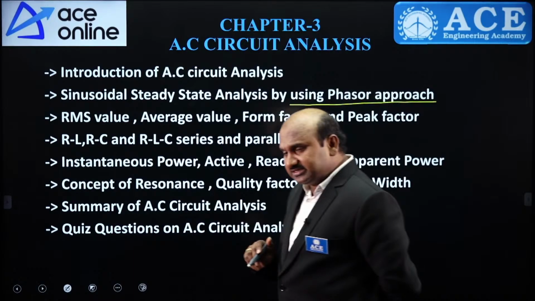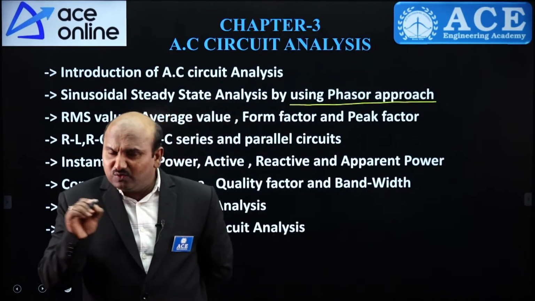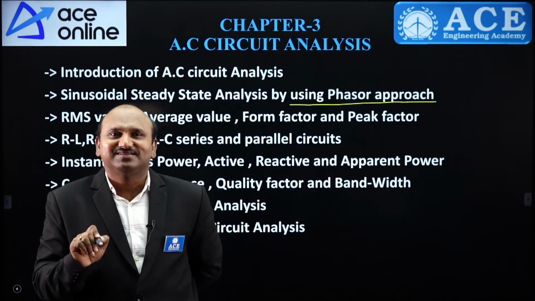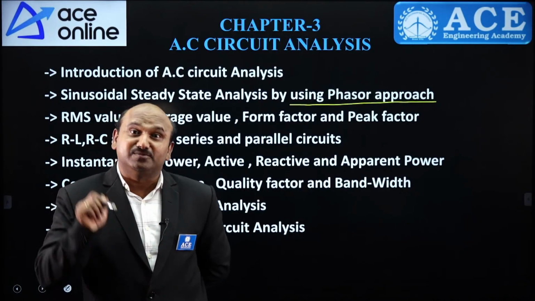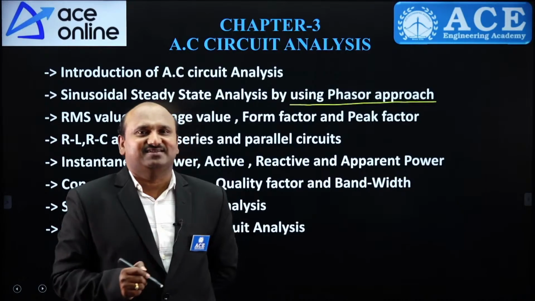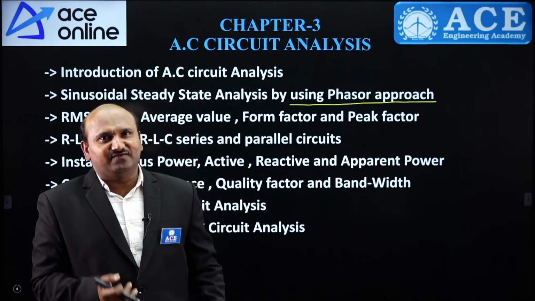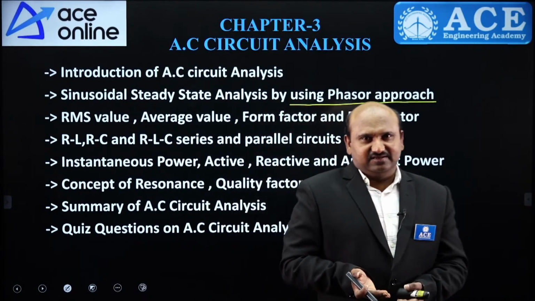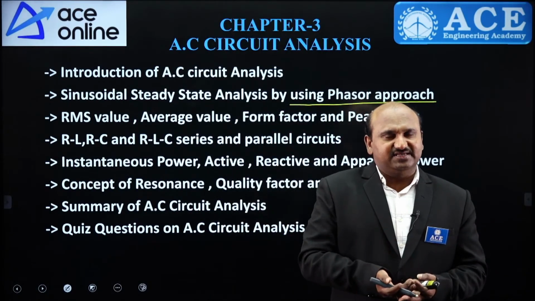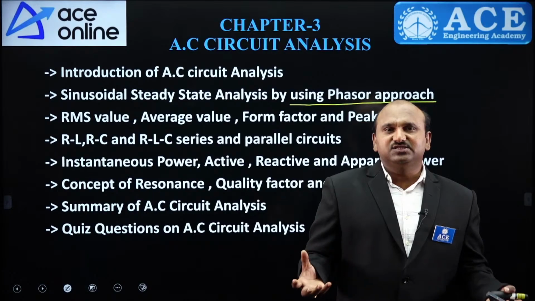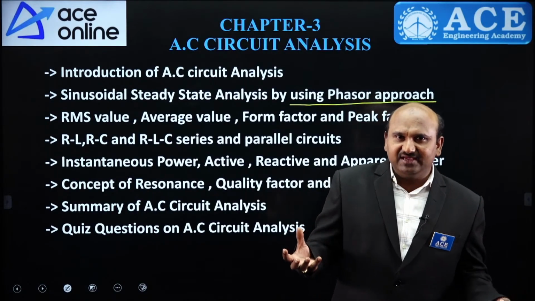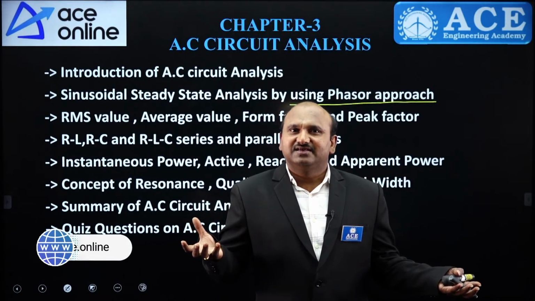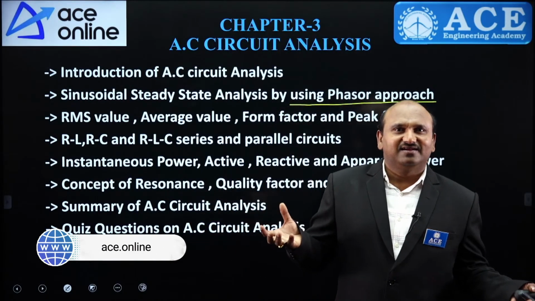For some of the questions, you need not go for any calculations. By using phasors, you can get the magnitude as well as the phase directly, because you are aware of the difference between DC and AC: time invariant versus time variant. DC has no phase shift, no frequency, and is unidirectional, right?